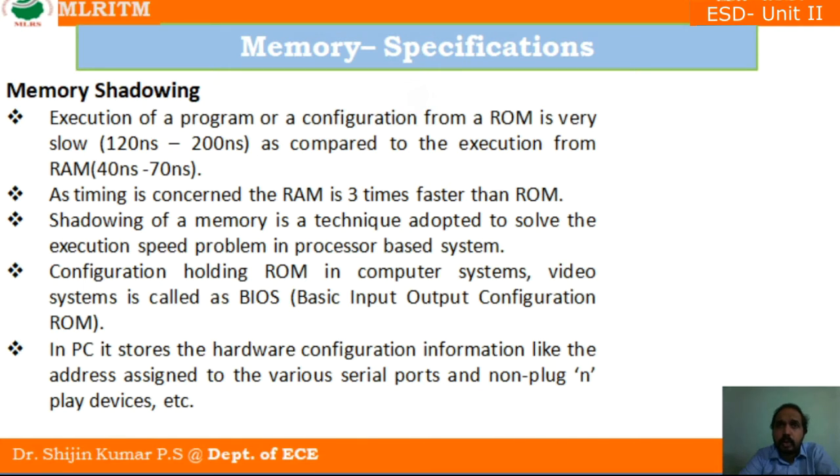If you go to BIOS, we can see the configuration of the particular system: what hard disk drive it is using, what the capacity of the RAM is, the clock speed of the processor, what peripherals are connected, whether a keyboard is connected or not, whether a sound device is there, whether a video card is available or not. All the configuration details are present inside the BIOS, and this BIOS is stored inside the ROM.